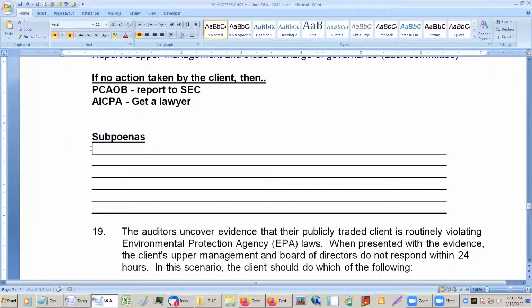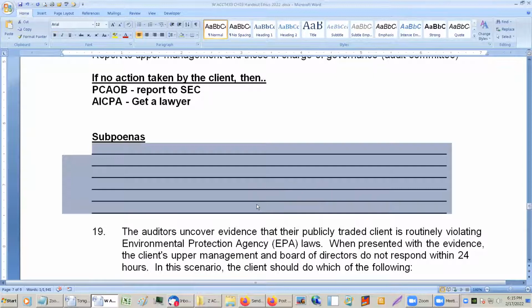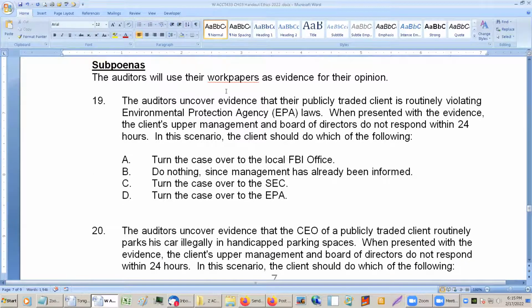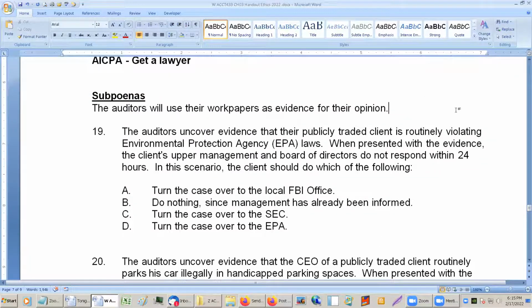Subpoenas. Work papers, I think it is a word. The auditors use the work papers as evidence for their opinion.